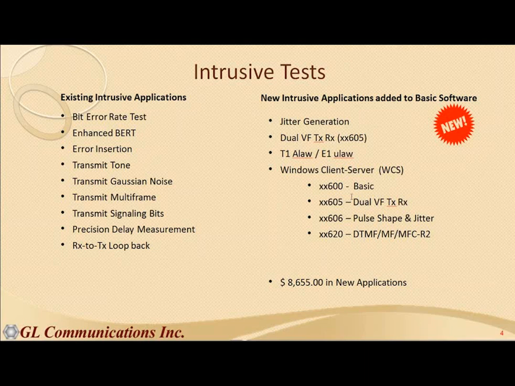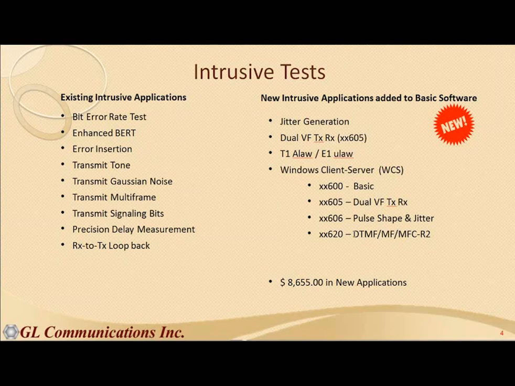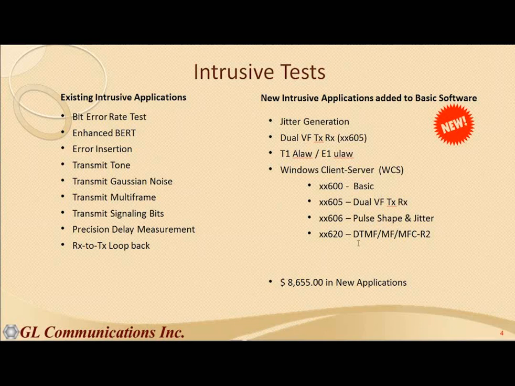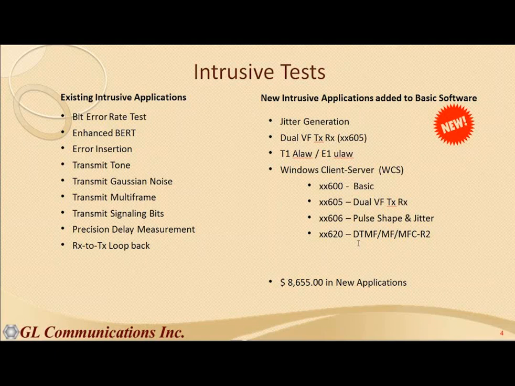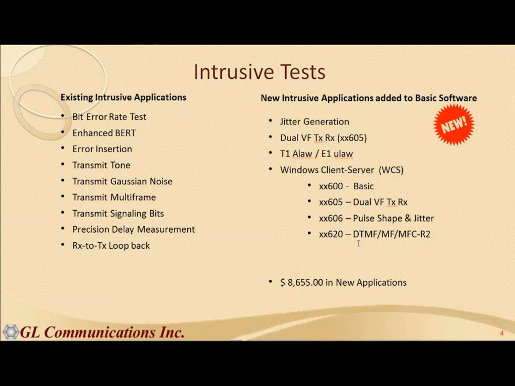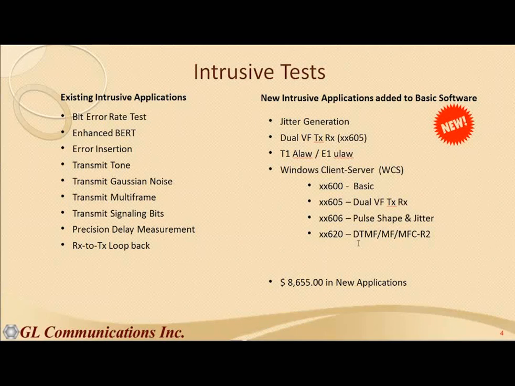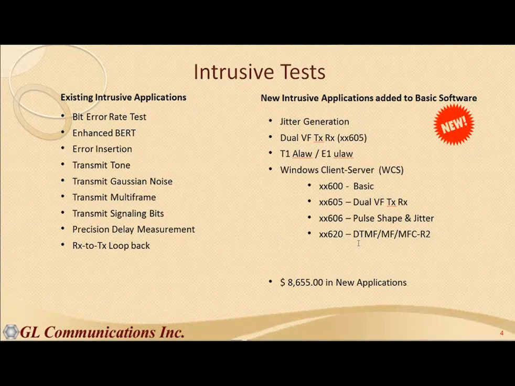So all of the applications that we have basic for GUI are also included as basic for Windows Client Server. So you can, for example, conduct bit error rate testing or DTMF testing or pulse shape and jitter testing automatically, programmatically, by using those applications.